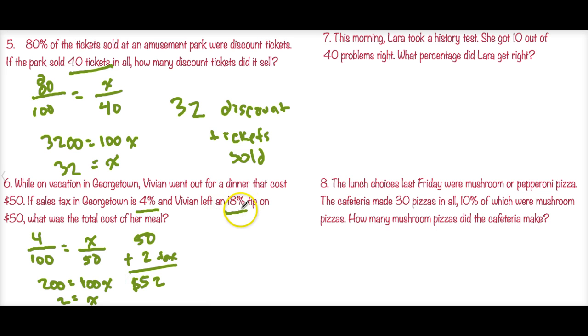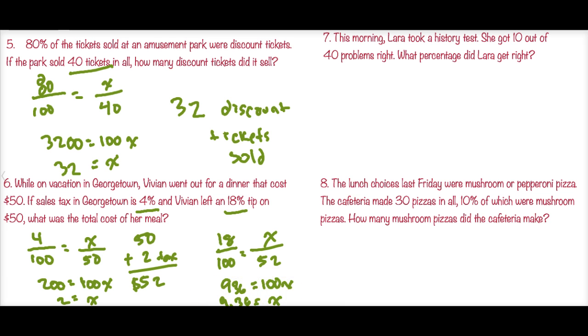But now you have to leave an 18% tip on top of that. So we're going to do 18% now over 100. And now my total bill is $52. So 52 times 18 is 936. 100x. X is equal to 9.36.